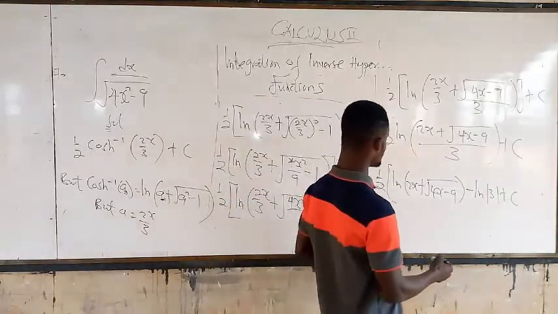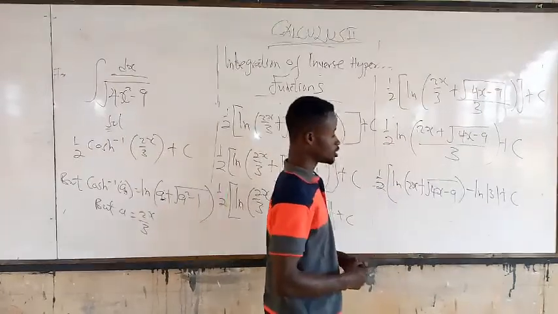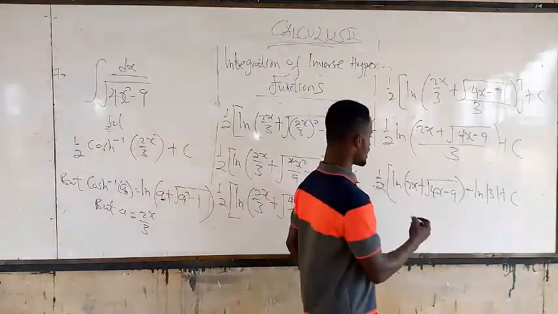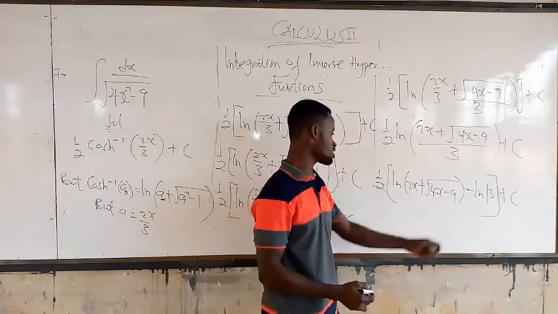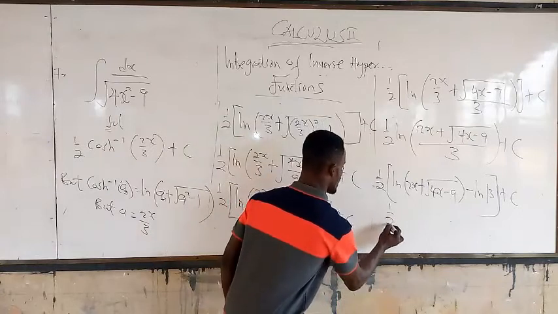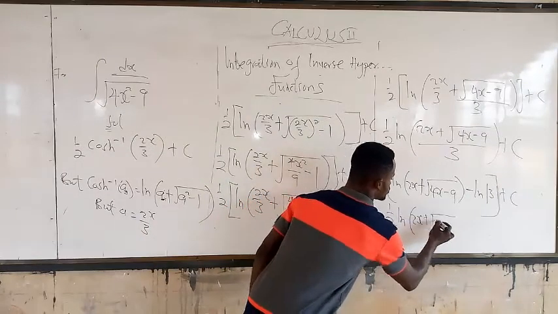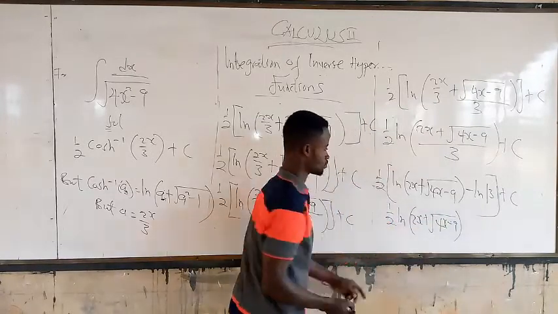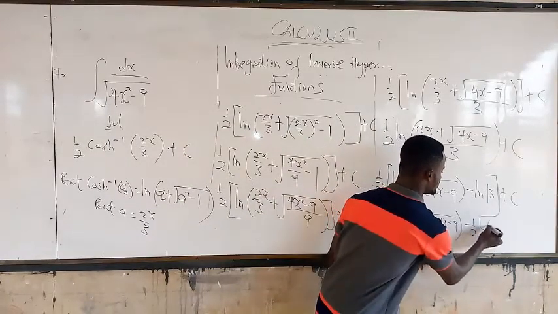And when you reach this side, know that this half will affect the inside. So you get half ln of 2x plus square root of 4x squared minus 9, minus half ln 3.